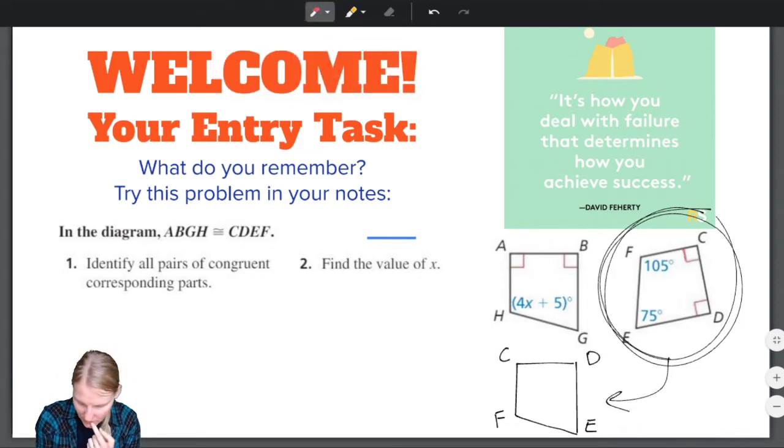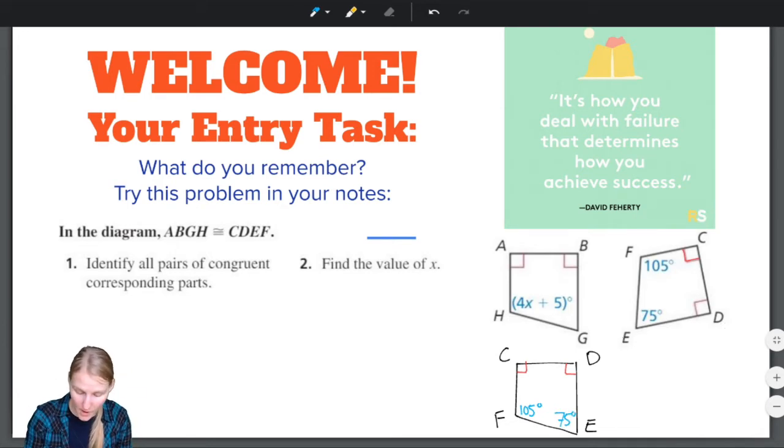And don't forget, we need to move all of our markings too. So C is a right angle, D is a right angle, F is 105 degrees, and E is 75 degrees. Okay, perfect. Now I can see. Yes, now it is clear to see.